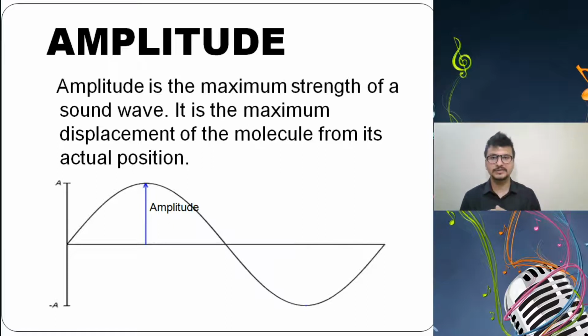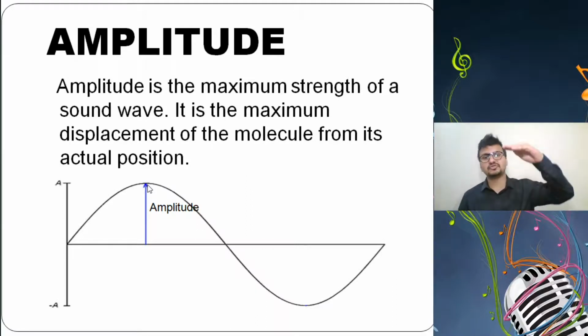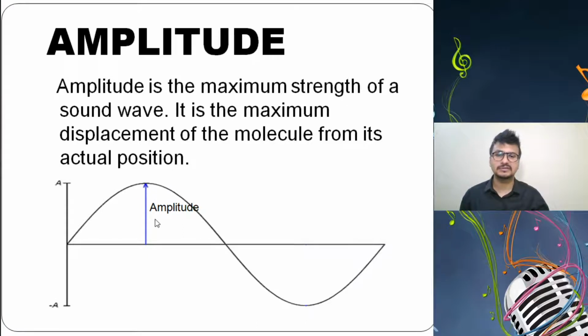You can see one cycle here, starting from this point, going to the top, and then completing the one cycle. This is the maximum strength, the rising strength, that is the amplitude. In the graph, it is the distance between the x-axis and the high peak point of this half curve.